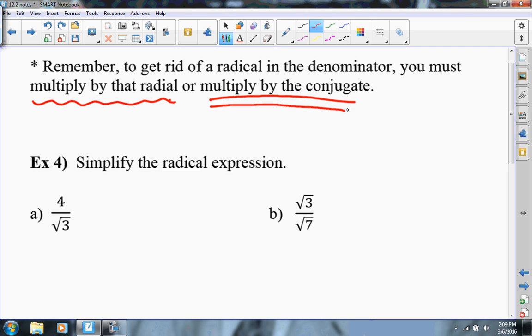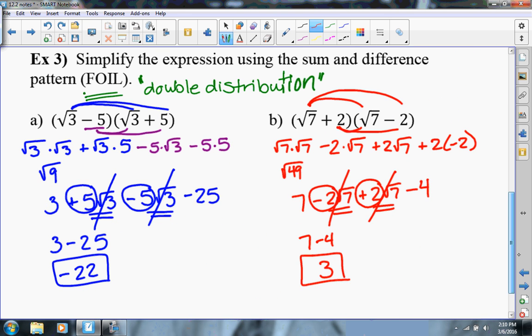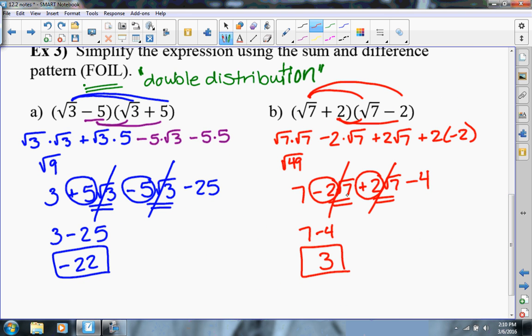And the conjugate is just where you change the sign. So if I have 3 minus the square root of 2, then my conjugate for that is going to be 3 plus the square root of 2. So the terms stay the same, you just change the sign in between. And that is so that we will get terms that cancel out the radical.